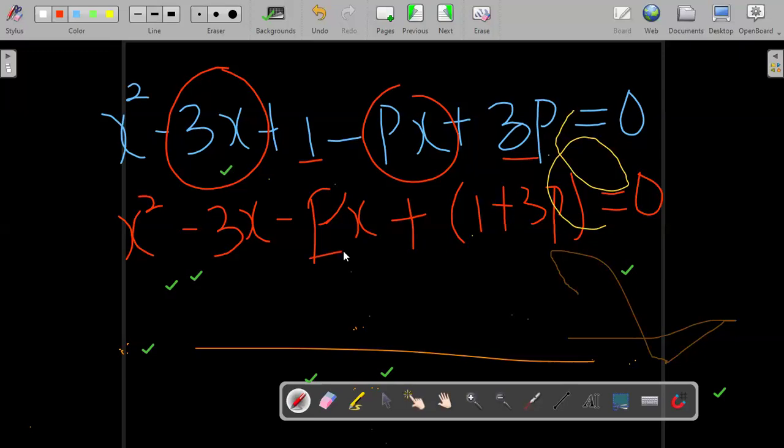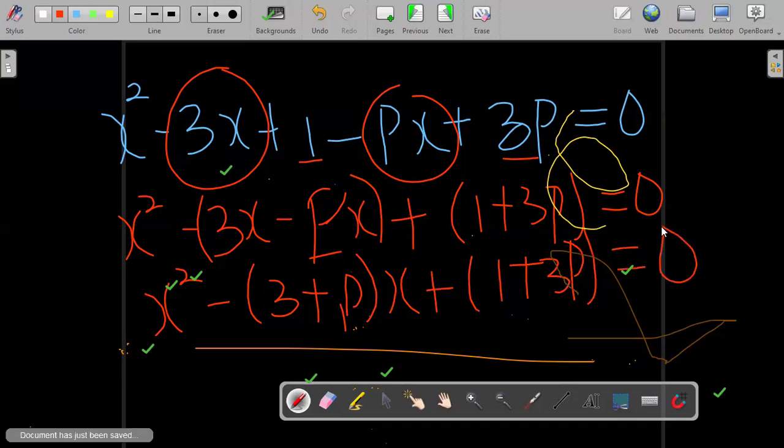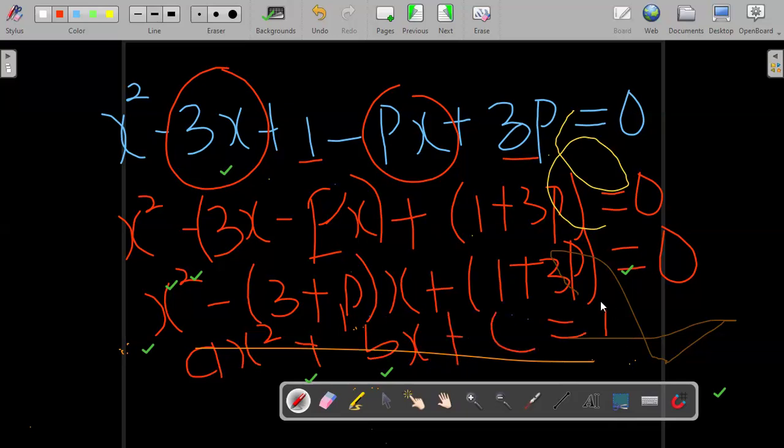So what is common from these two terms here? x is common. So we have x squared minus 3 plus p times x plus 1 plus 3p equals 0. Now that I've arranged this, I will compare it to the standard equation, which is ax squared plus bx plus c equals 0.